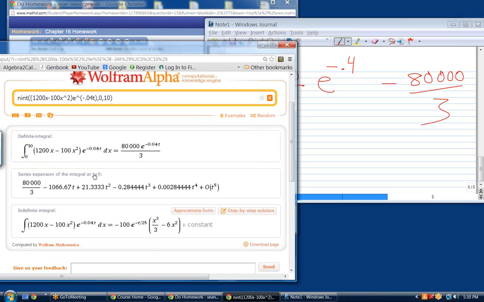Notice they've done a Taylor series here, or Maclaurin series rather. They've expanded it about the center, t equals 0.